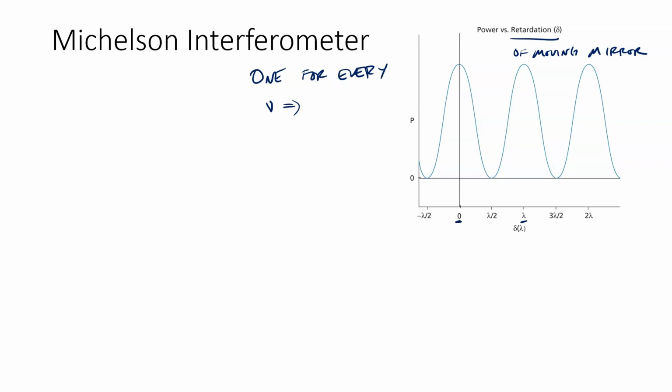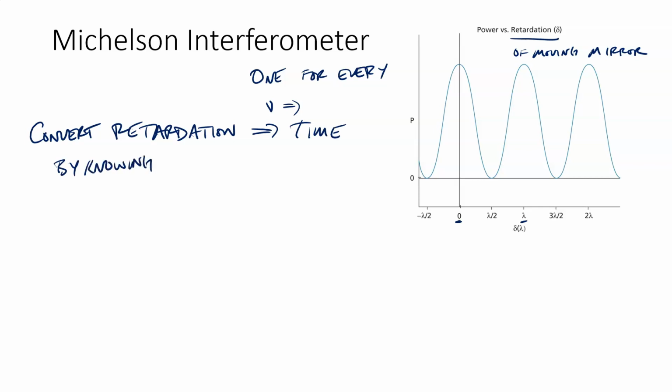Because we know the speed of the moving mirror, we can convert this retardation x-axis into a time x-axis. And so we get power versus time. So we convert the retardation to time by knowing the moving mirror speed. And we know that both from the motor speed that's set by the instrument, but also by that reference laser, right?